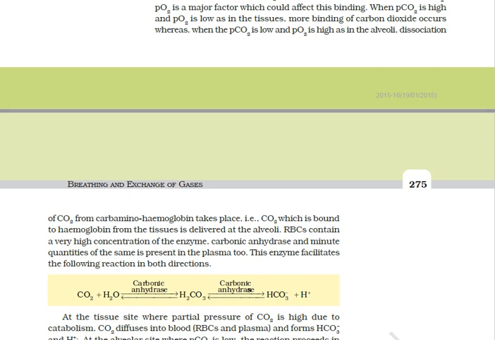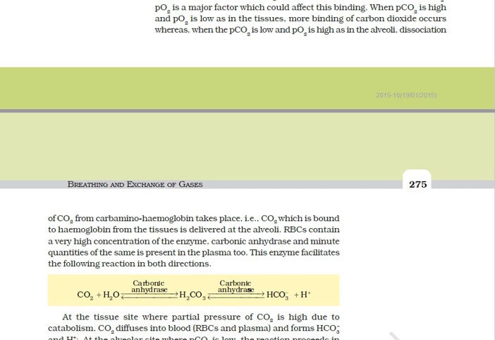This way you can easily understand that about 20 to 25% of CO2 is carried by hemoglobin in the form of carbaminohemoglobin, and this binding occurs when PO2 is low and PCO2 is higher in the tissues, whereas PCO2 is low and PO2 is higher in the alveoli.